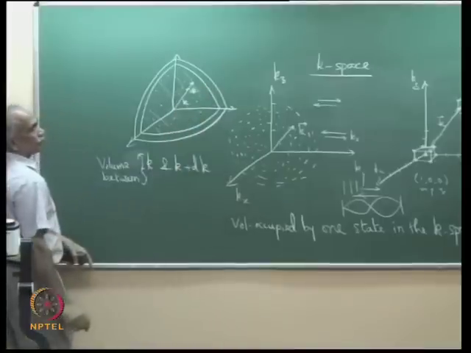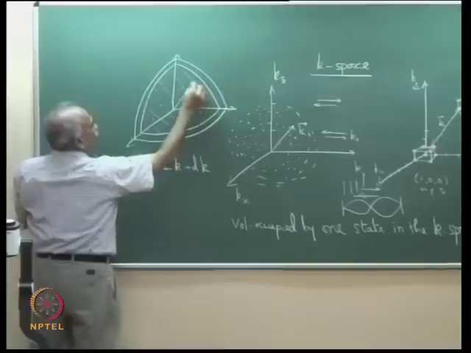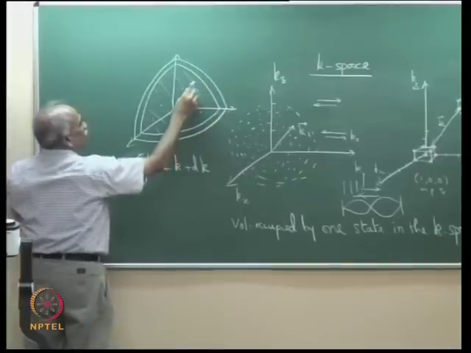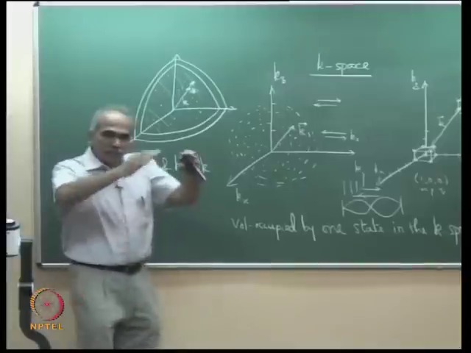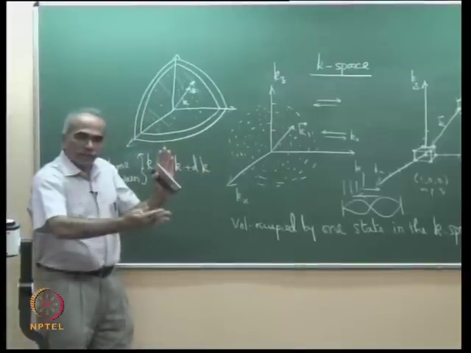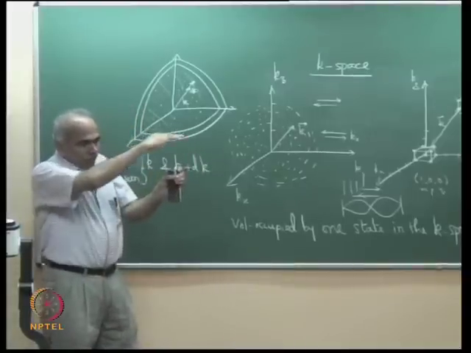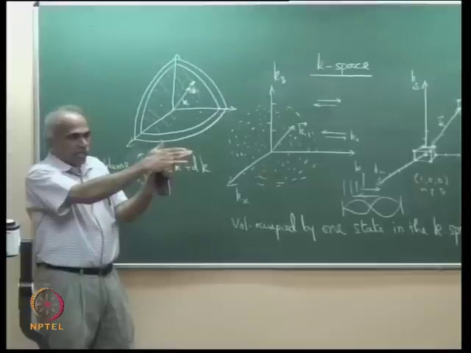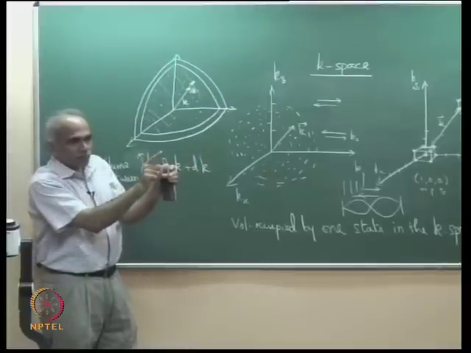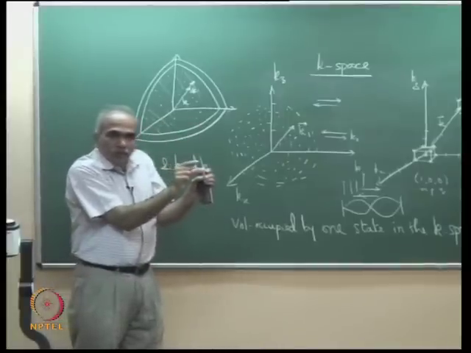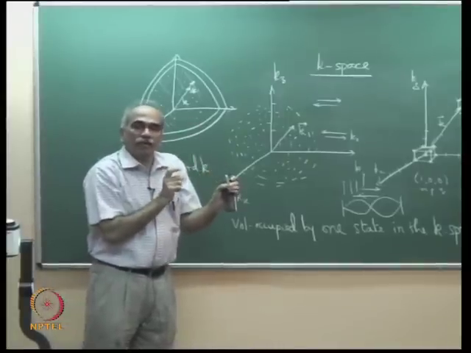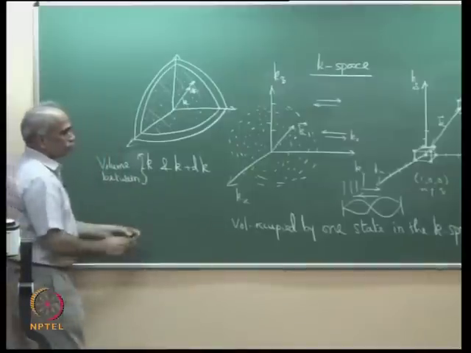This point is lying on the second shell, and this is lying on the first shell. Please imagine a 3D octant. One K is sitting on one shell, and K plus dk is sitting on the next shell. What is the volume between that? How do we get the volume?